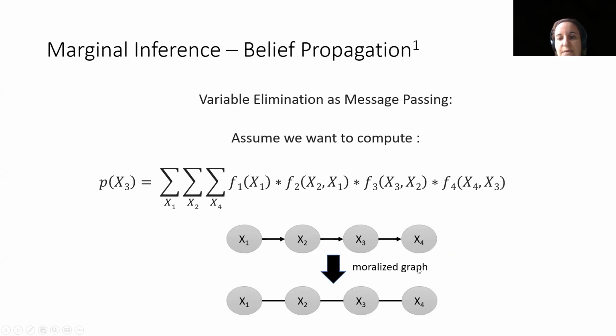The first thing we do is where the moralized graph comes in. We get the directed graph and we create the moralized graph. Just to remind you, a moralized graph is a way of converting a directed graphical model to an undirected graphical model. How we do it is that for every two nodes, if they have a common child and there is no edge between the nodes, we add an edge.